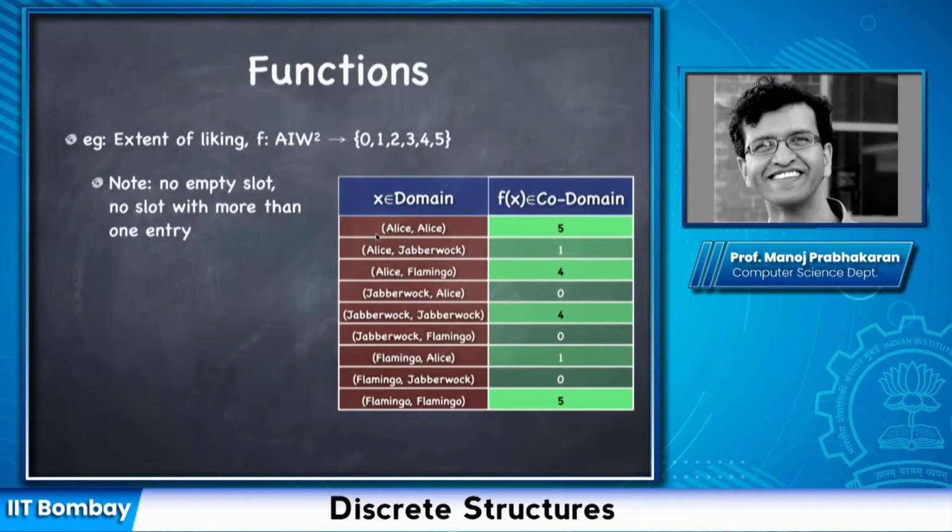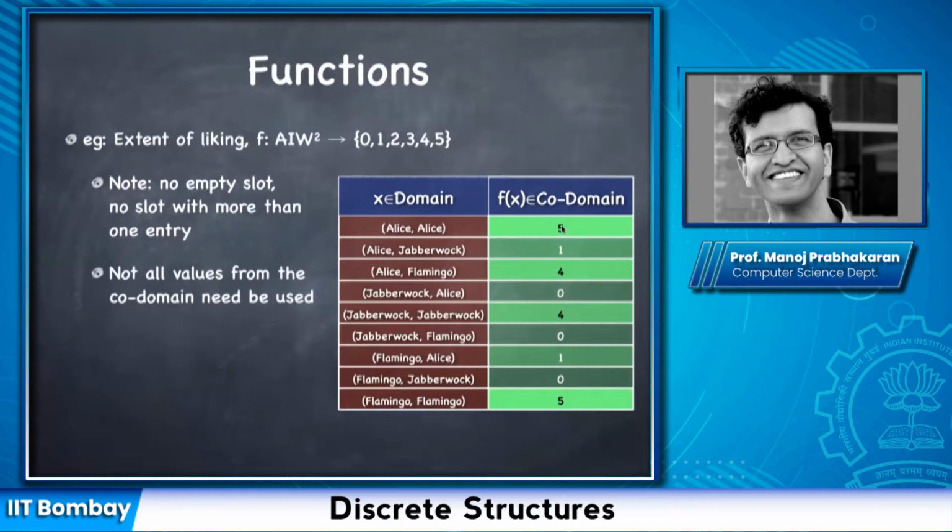All 9 elements in that domain appear here, and everything gets assigned a value. So no empty slot. And every slot here has exactly 1 value. You cannot assign 2 values to the same element in the domain.